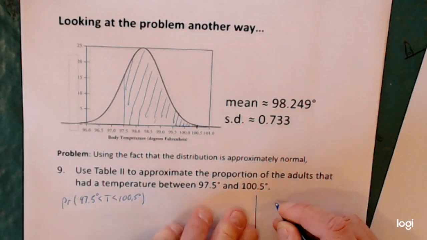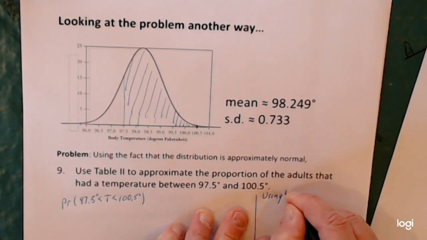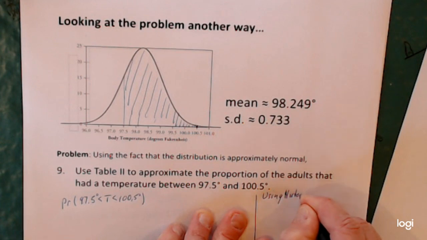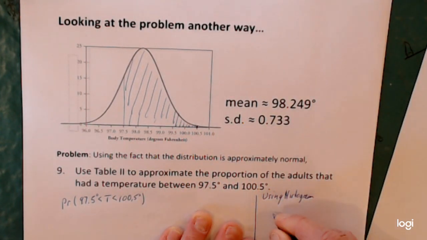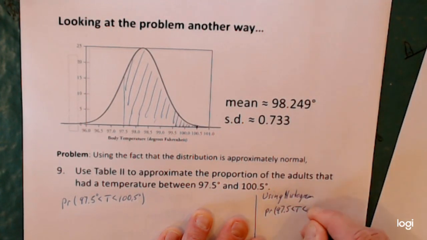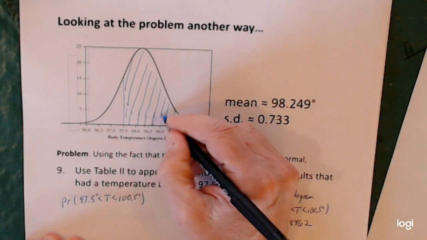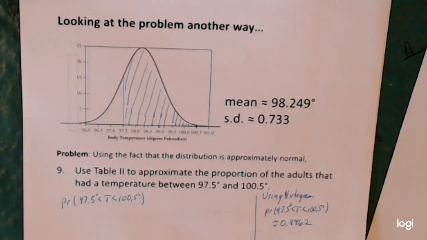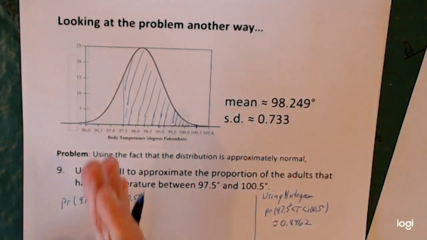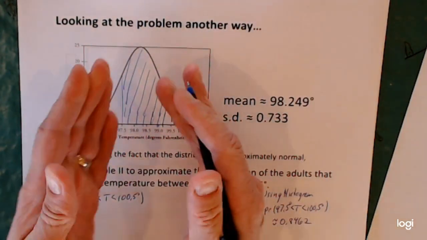Okay, and we did that using our histogram if you remember at the beginning, we got that this proportion was approximately 0.8462, right? Okay. So we can do this one as well using our normal distribution. It seems kind of scary because the table 2 only gives us areas to the left, right? So how do you do an area between?